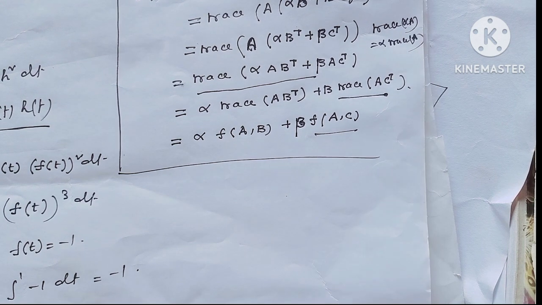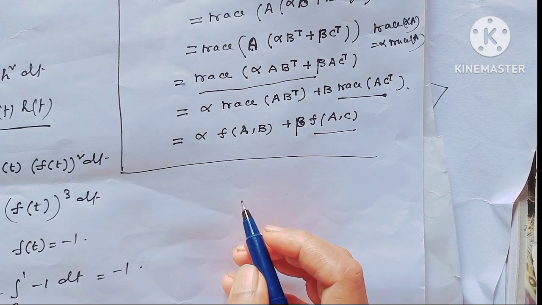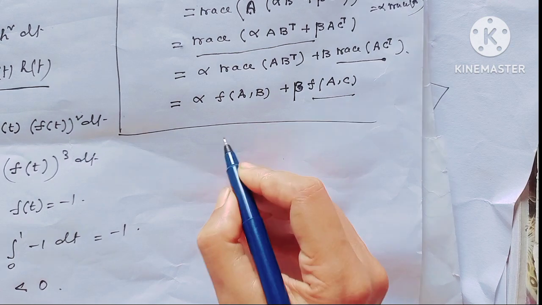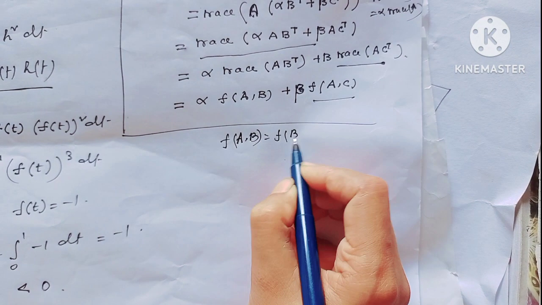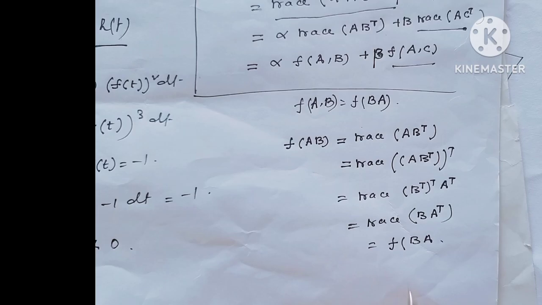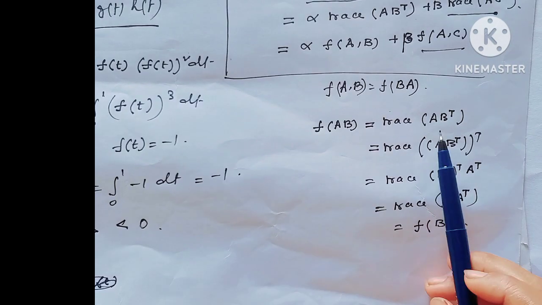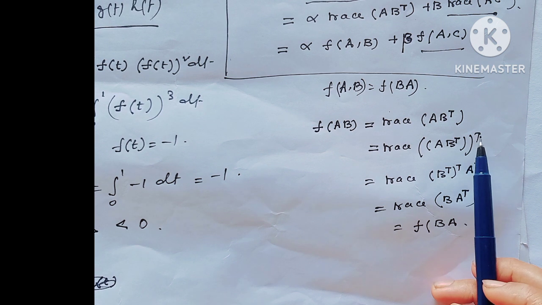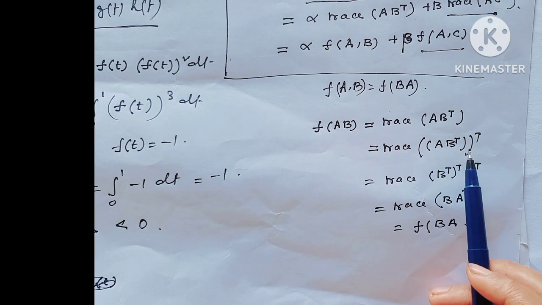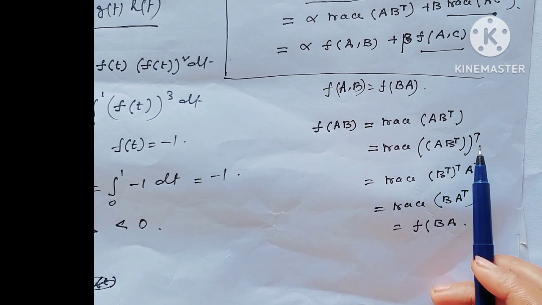Second option of inner product: is f of AB symmetric? Is f of AB equal to f of BA? For this, f of AB equals trace of AB transpose. Now take the transpose, trace of AB transpose to the power transpose.